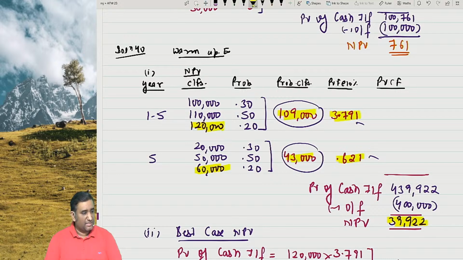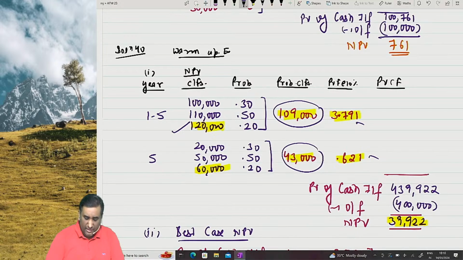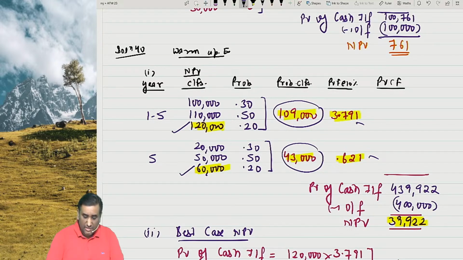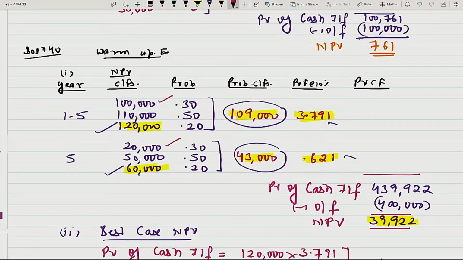Second part, I think he is asking something about the best case and the worst case. You're very confirmed now. Best case NPV would be 1 lakh 20,000 combined with 60,000. Worst case would be a combination of 1 lakh and 20,000. So once you calculate the second also, I'll show you both of them together then. These two parts were exactly the same as the previous question.